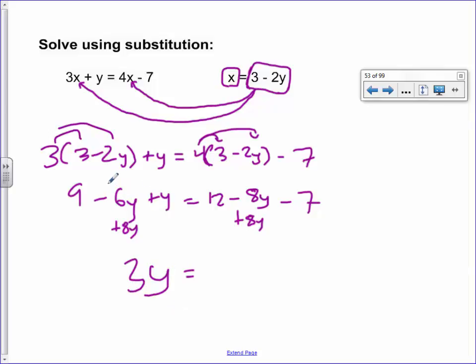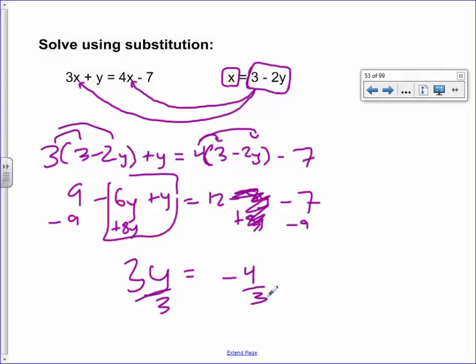Okay, so that accounts for these guys here, and those ones. Then I should subtract 9 from both sides, put it on the other side. Should I do math that's screwing up today? Minus 4. So that's a 16, and divided by 3. I have an answer. y is minus 4 over 3.